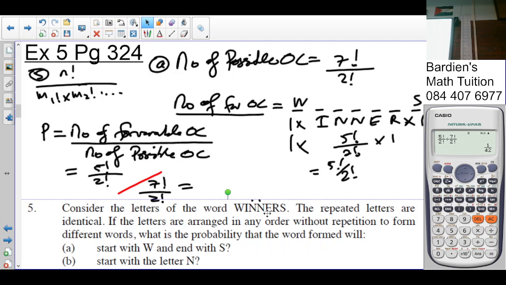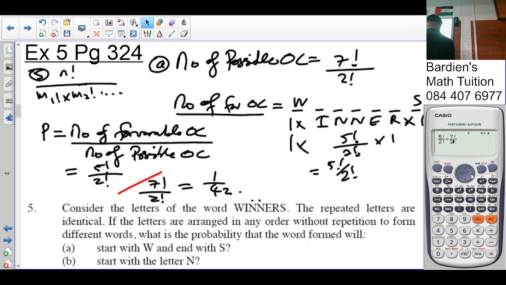What did I have? 1 over 84. One of the 2's they left out. Let me just check. Yeah. They left this one out here. Can you see? When they did the calculation, they didn't add that.